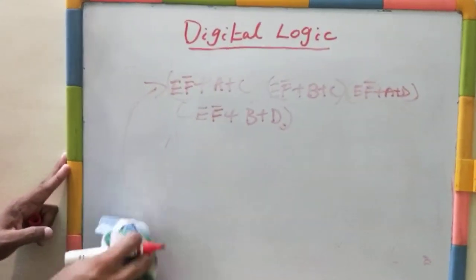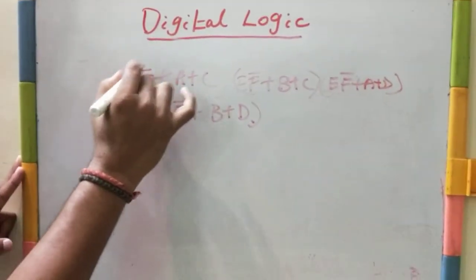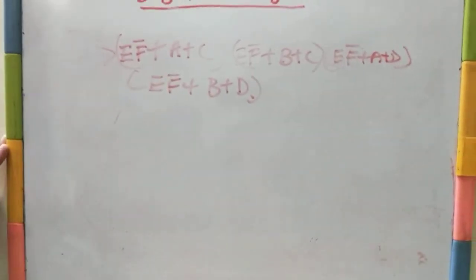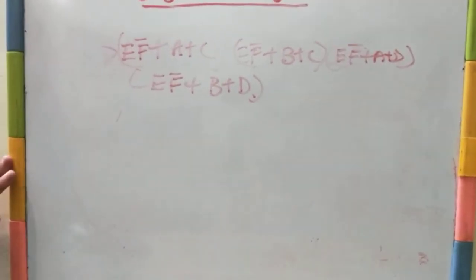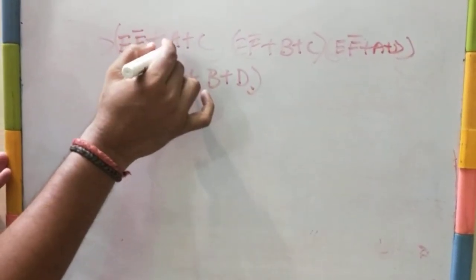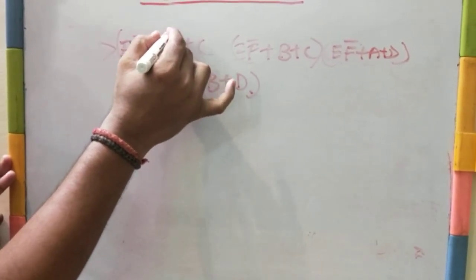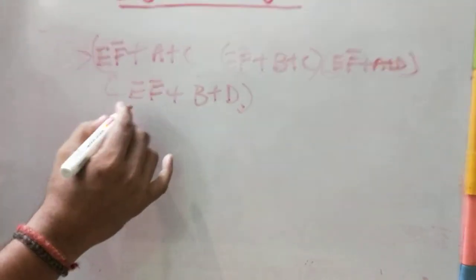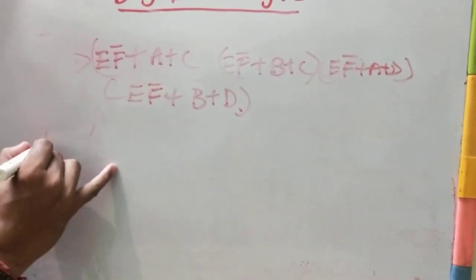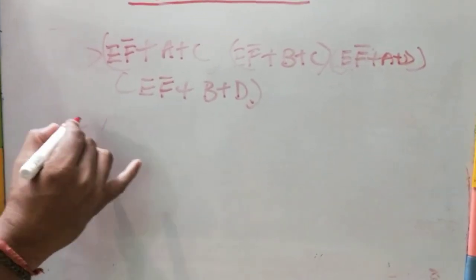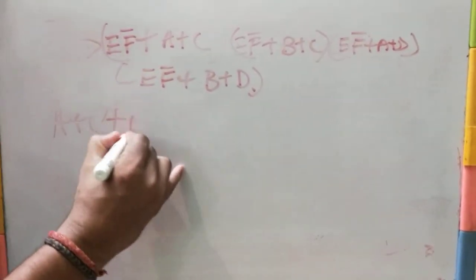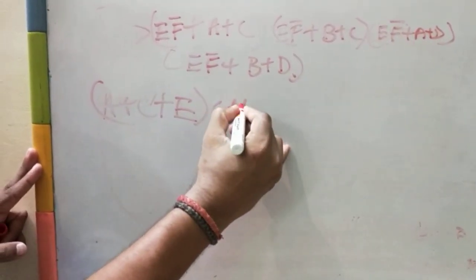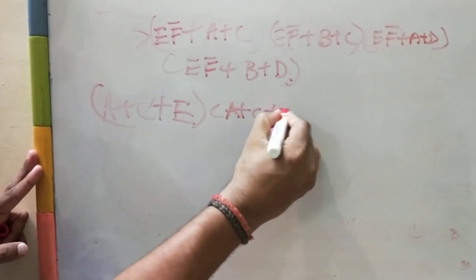Now you look into the individual expressions. Once again it will be in the form of the distributive law. First we'll use A plus C as A, this is B, this is C. So this expression becomes A plus C plus E into A plus C plus F dash.